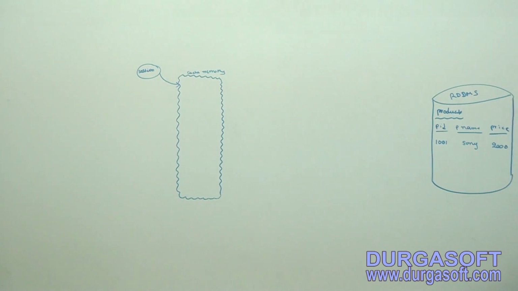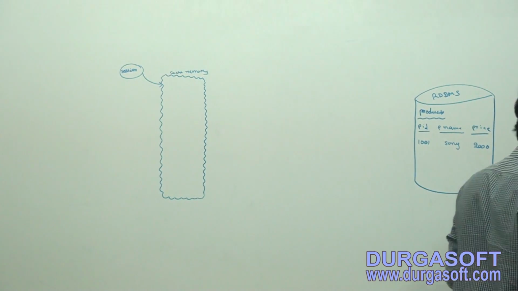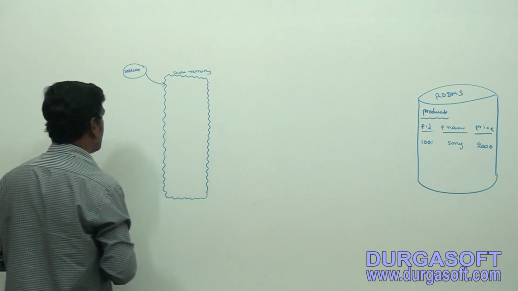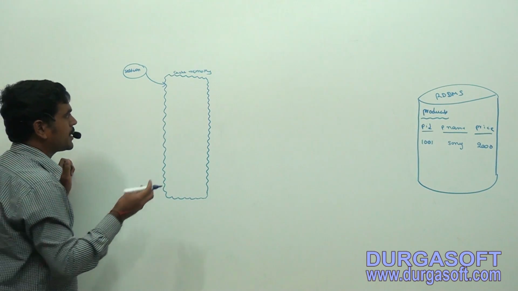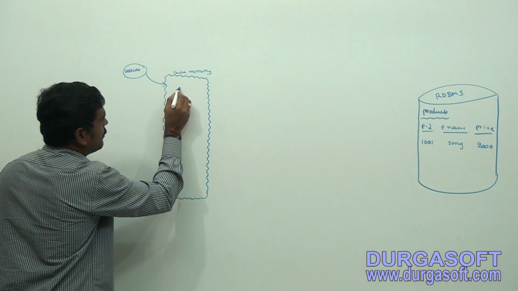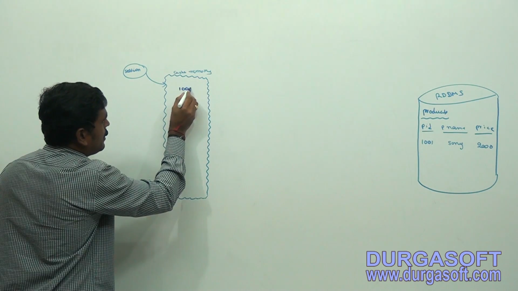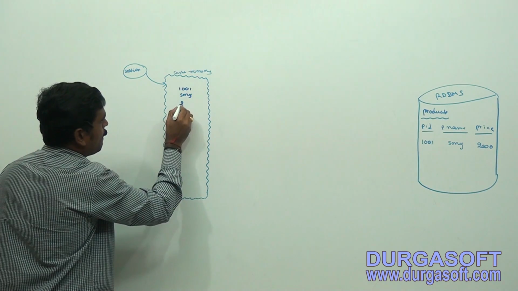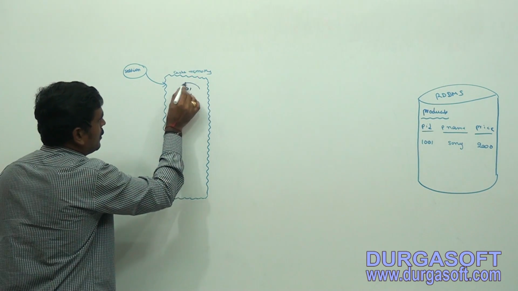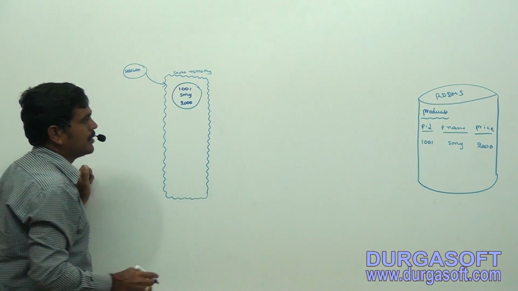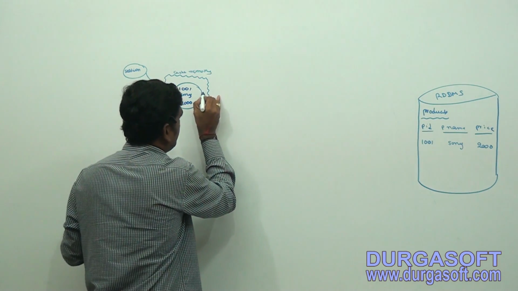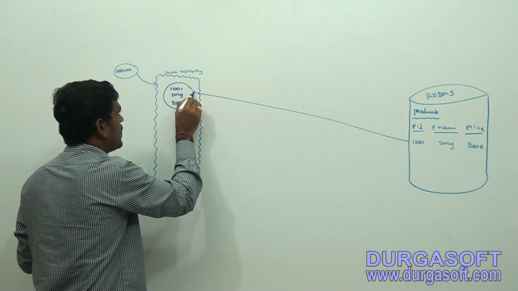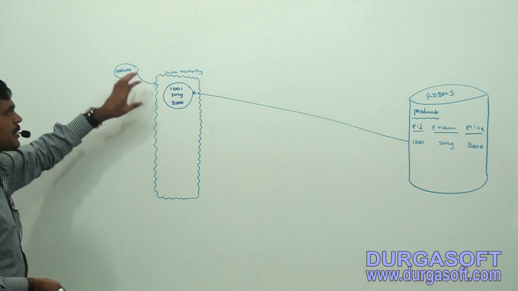Whenever we are loading that, first that record is going to be loaded into the cache memory. 1001, Sony, 2000. Like that, this record is loaded into the cache memory, and it is stored into that object inside the cache memory.